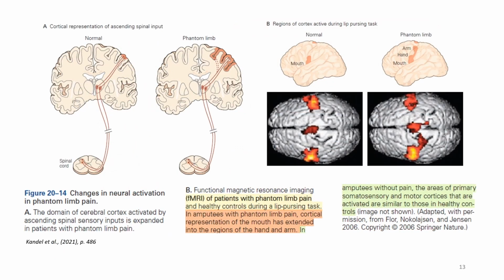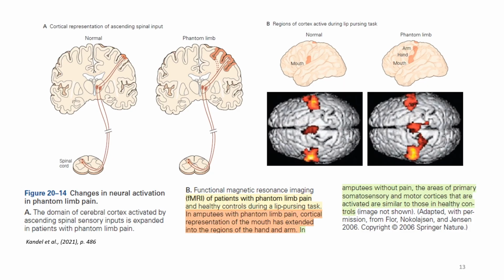In the case of so-called phantom limb syndrome, people who have had an extremity amputated, for example, an arm or a hand, still report feeling pain in that missing limb. This has been thus called phantom limb.